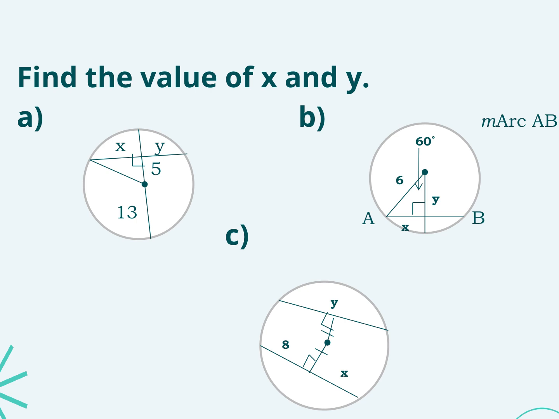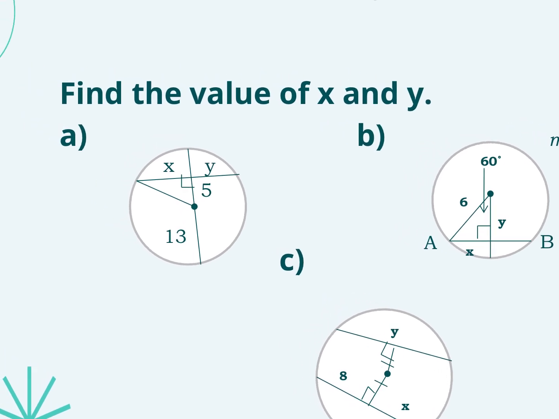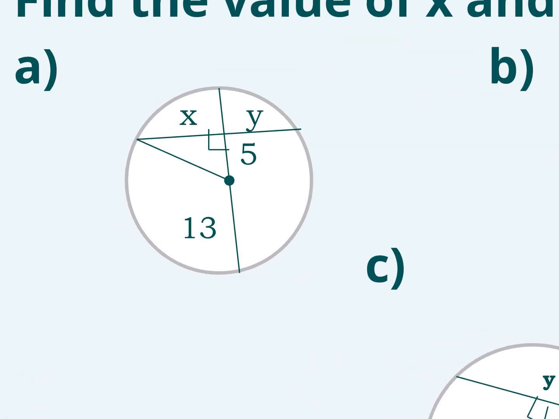I'm going to draw some arrows because some of this may be a little bit unclear. 13 is this line right here. So this is 13 and this is 5. They want me to solve for X, which is this line, and Y, which is this line. What do I know about that line going straight down the middle?